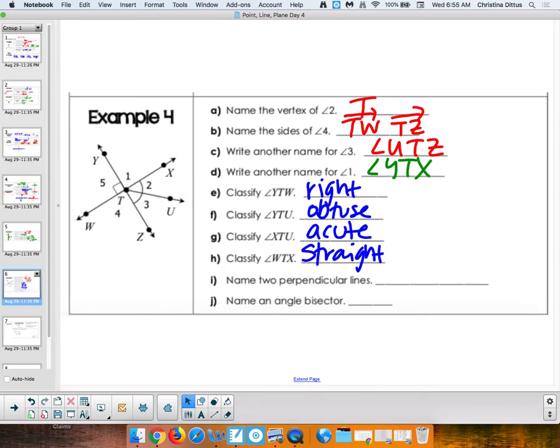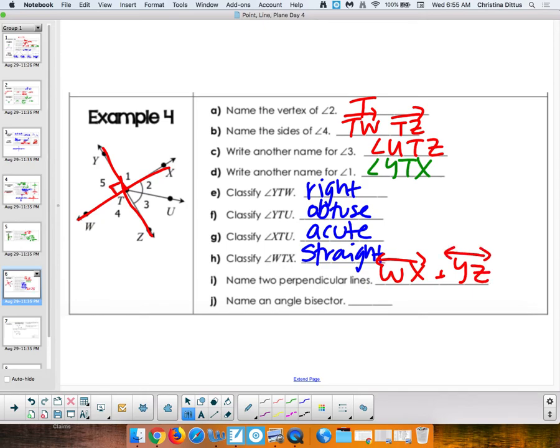Two perpendicular lines. Anytime you see perpendicular, look for the box. Here's my box. So I've got this line and this line. They must be perpendicular, so we say line WX and line YZ. Because there is a box next to them, they have to be perpendicular, meaning they make the right angle.